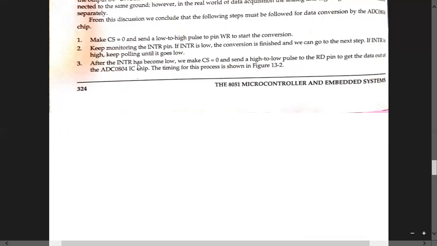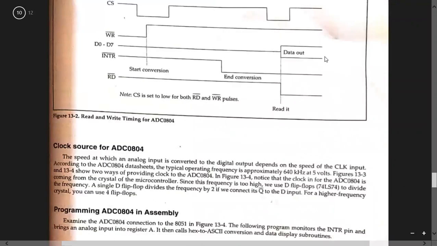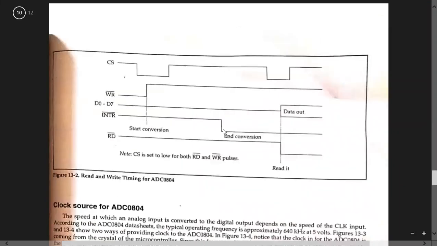Once the interrupt has become low, what do we need to do? We have to again make CS equal to 0 and then make the RD pin equal to 0 to take the converted data outside. So after the conversion is over, we again make the CS pin equal to 0, and we are reading it.